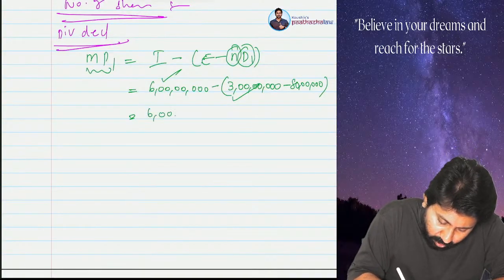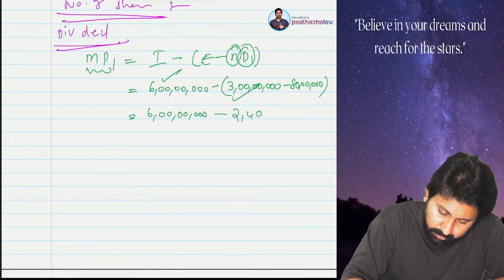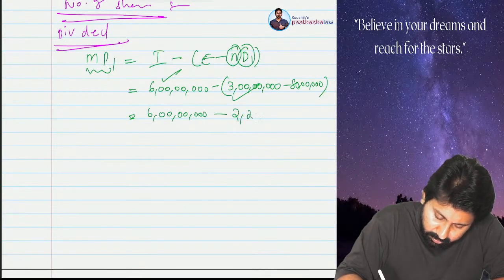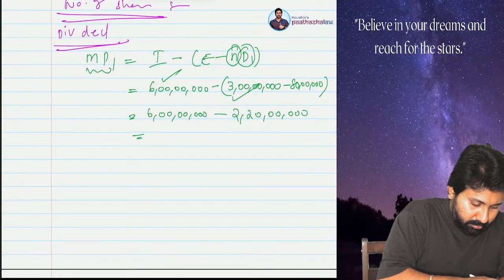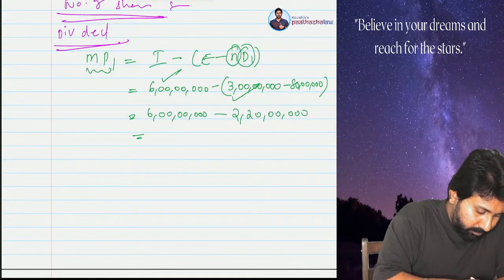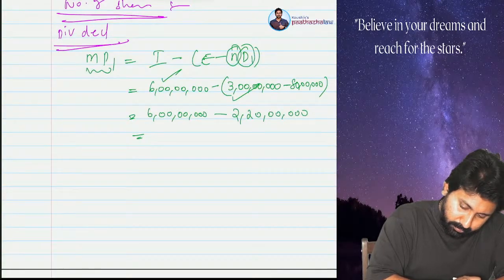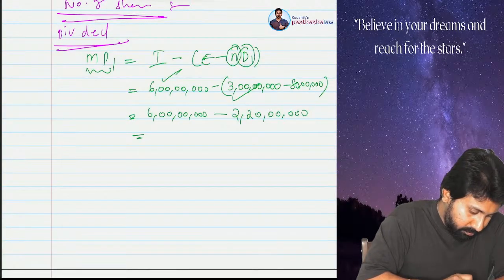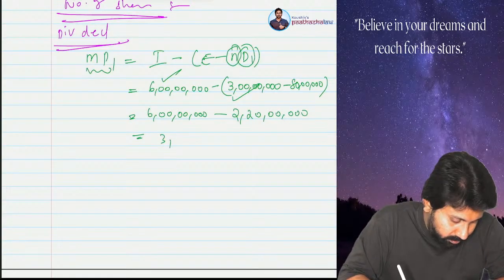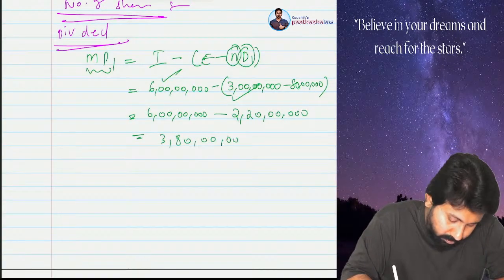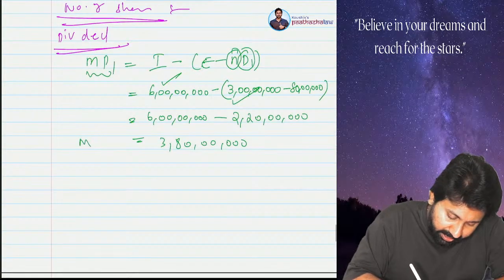So 6 crore minus 3 crore plus 80 lakh gives 3 crore 80 lakh.